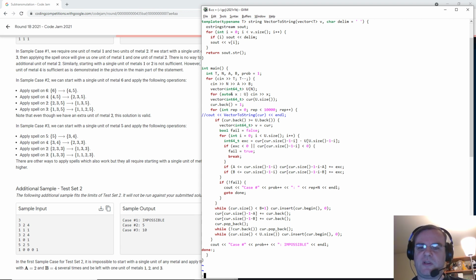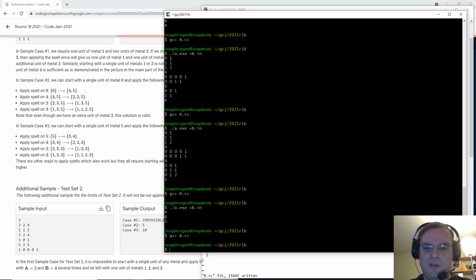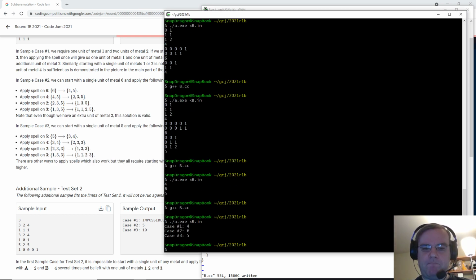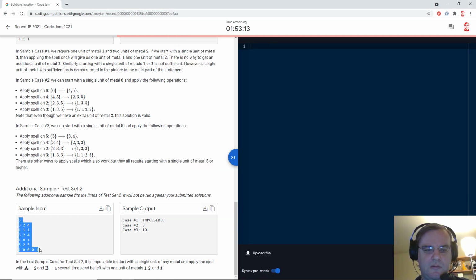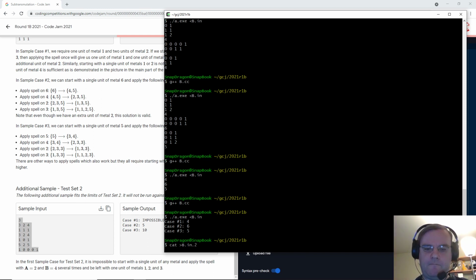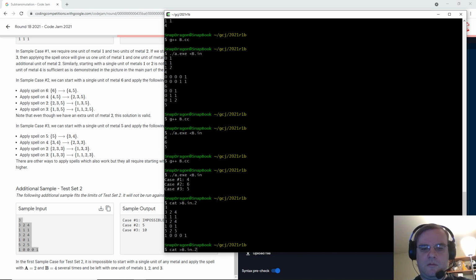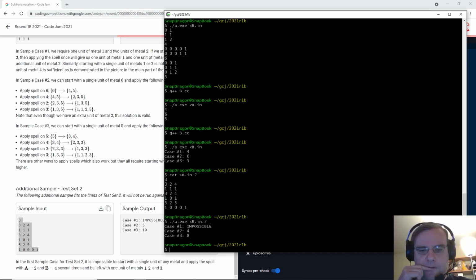Let me just make sure that that doesn't overflow. Just be careful. I don't actually think that's a problem, but okay. So that's good. Possible for 8. Ouch.